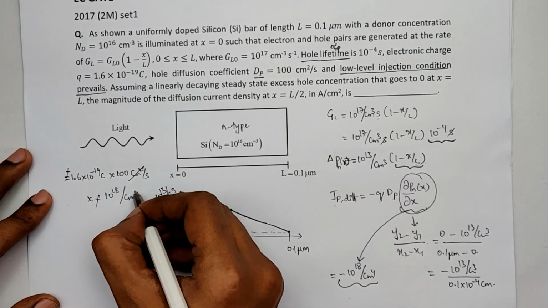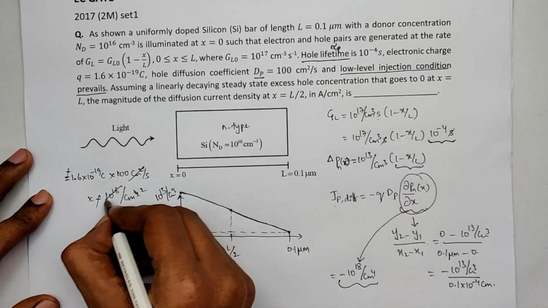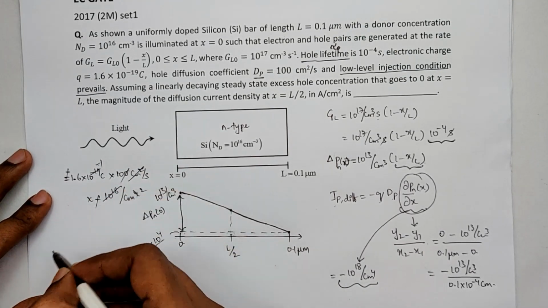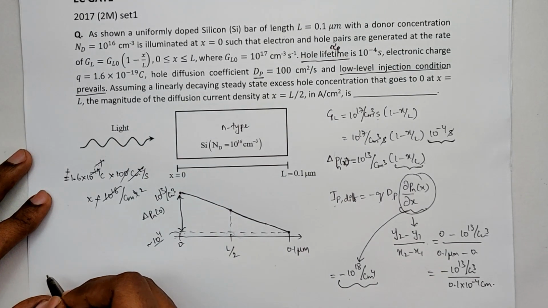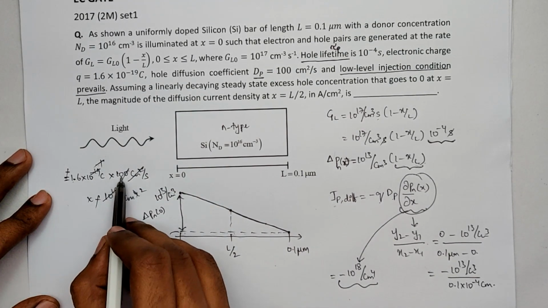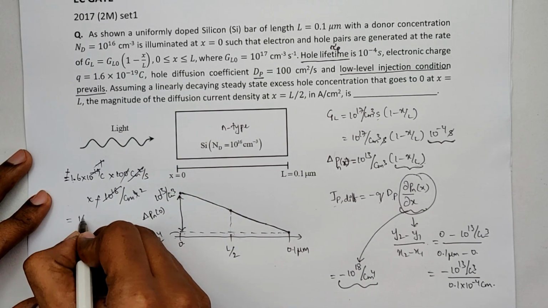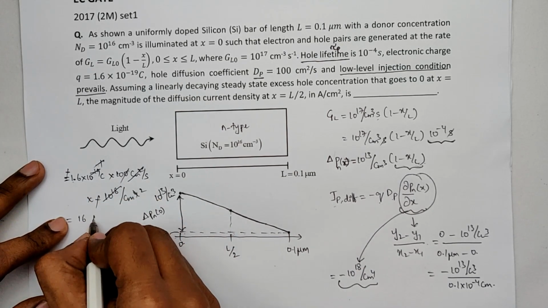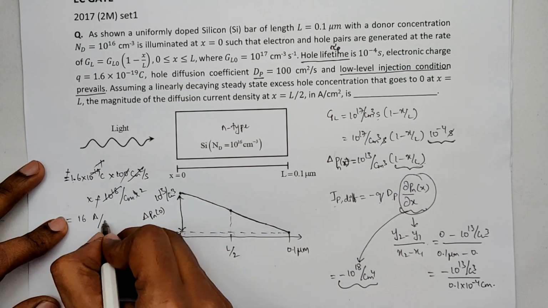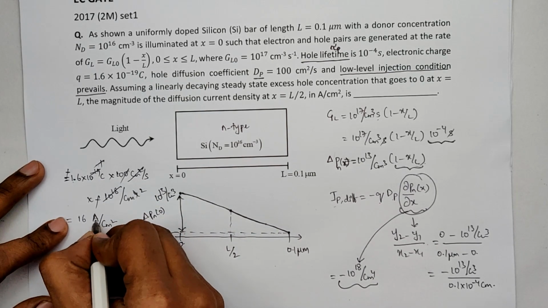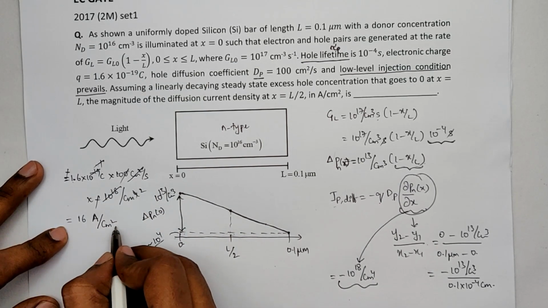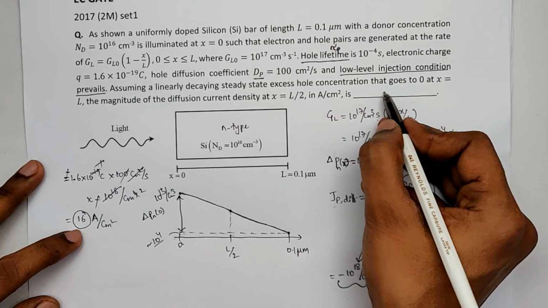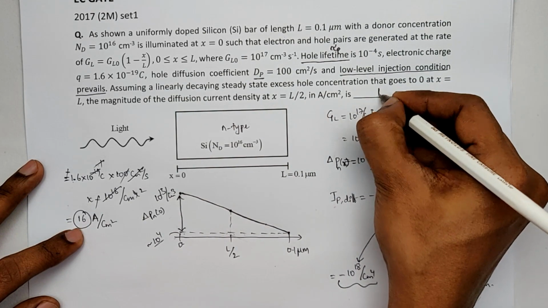Minus signs cancel. We can cancel centimeter square. 10 power 18 and 10 power minus 19 gives minus 1, so 10 power minus 1 cancels with the 10 from 100 times 10. We are left with 1.6 times 10, that is 16. Coulomb per second is amperes per centimeter square. This is the Jp diffusion, which is 16 ampere per centimeter square. The value we are supposed to take in this blank, the answer is 16.